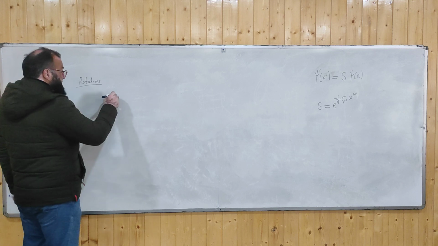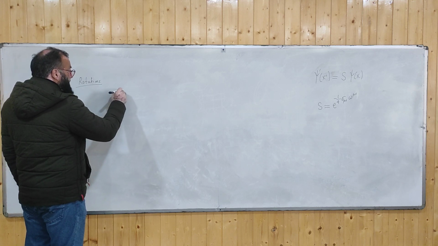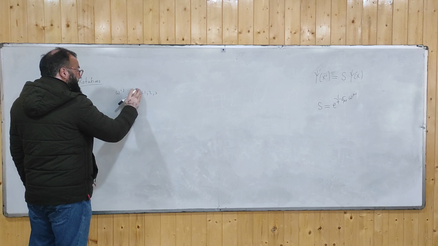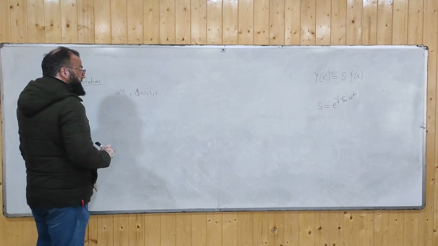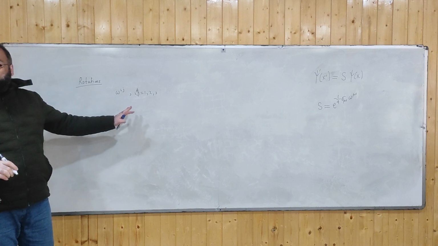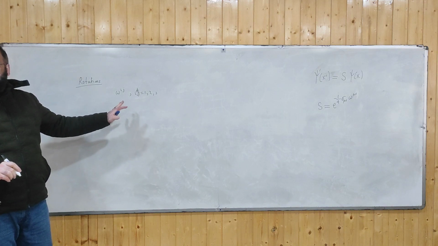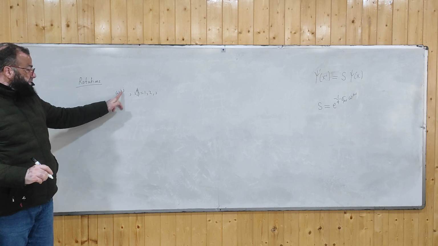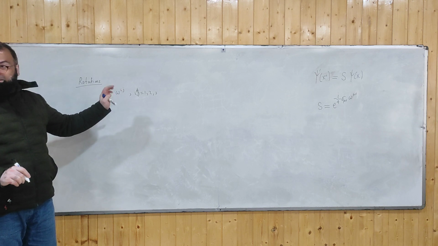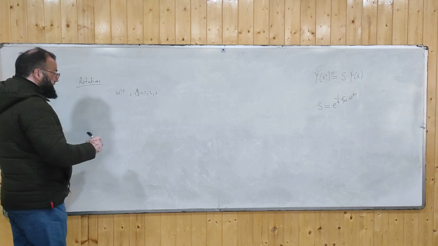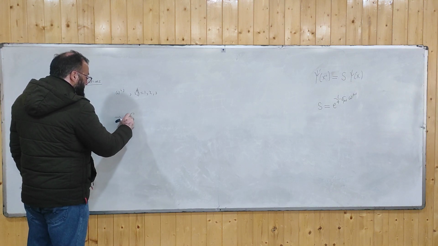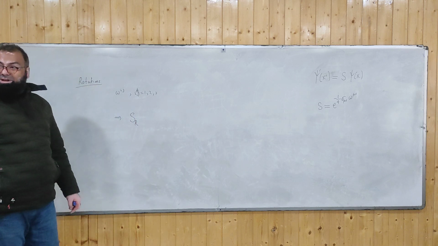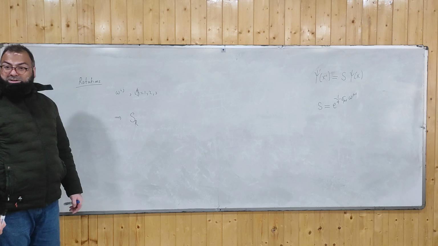In the case of rotation, I am having only omega ij, where i and j are 1, 2, 3. Clear? So for rotations, these are the parameters: omega 1 2, omega 2 3, and omega 3 1. Let's write S_R to be the operator corresponding to the rotation.